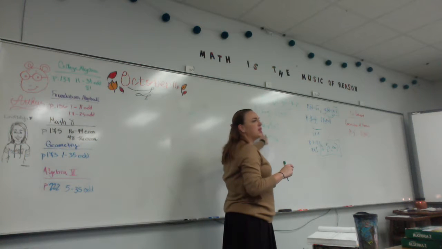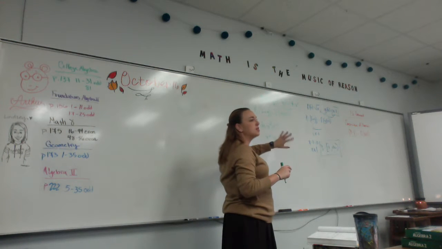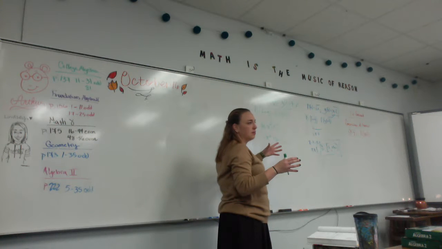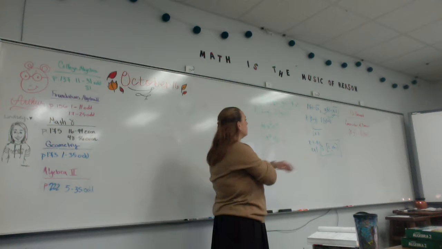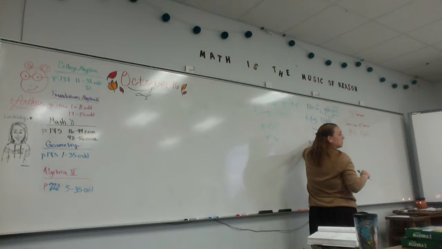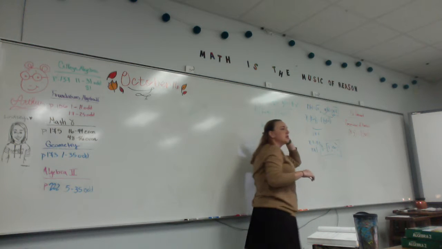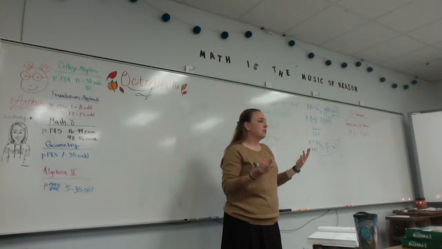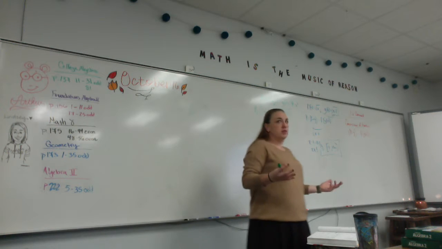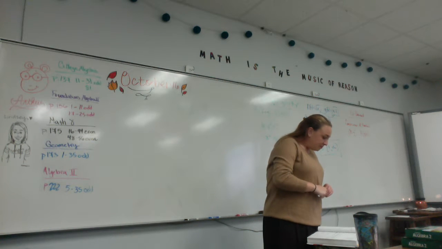I can literally plug anything into this function and get an output because I don't have a fraction and I don't have a radical. It doesn't matter what I plug in. The only time domain really matters is if I have a radical, because I can't have negatives in my radical, and if I have a fraction, because I can't have 0 as the denominator. Otherwise, my function's domain is going to be all real numbers.